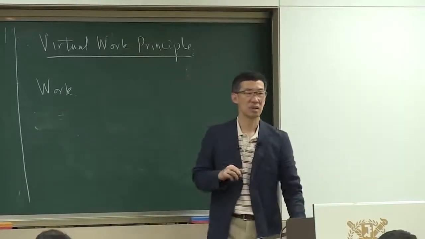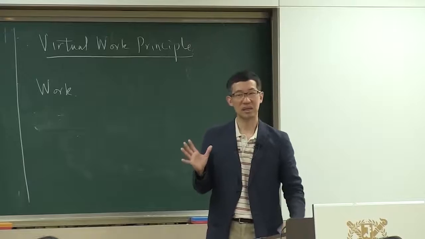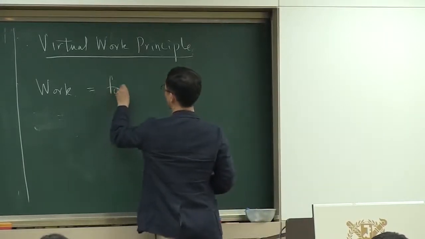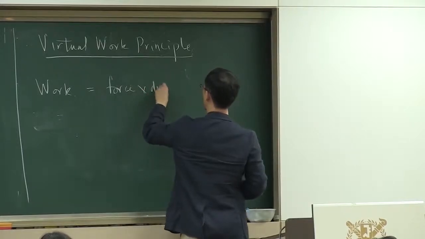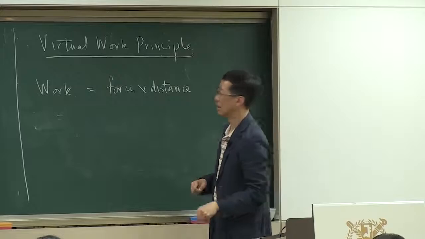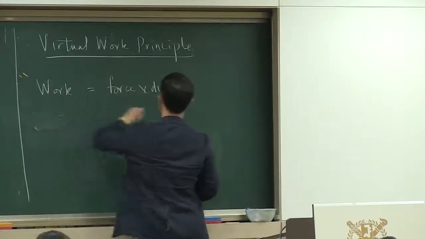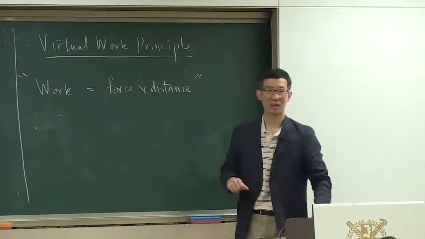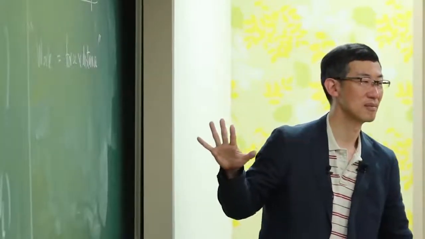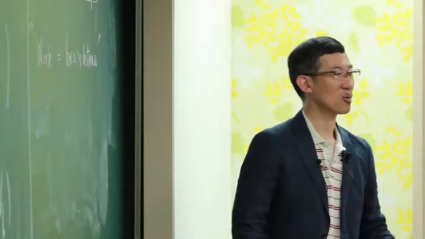Okay, so what's work? Work is, at its most intuitive level, force times distance. This we all learned in high school probably. So how much work does a force do?